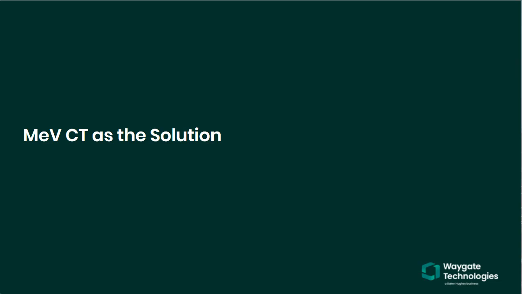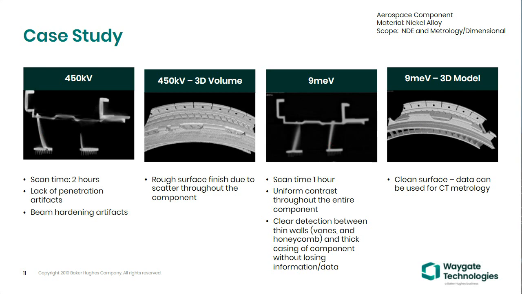Now I'm going to show you a couple of examples where we took those same parts and did an initial study on what could be done with high energy. You can see this first component from the case study. Again, this is a nickel-based alloy aerospace component. The original scan time with 450 was about 2 hours, but we saw the artifacts in the last round of images.